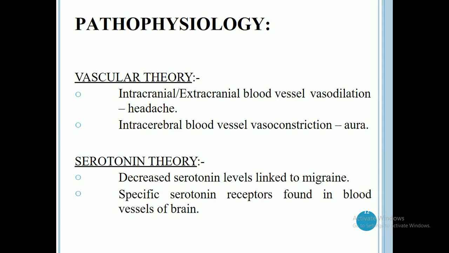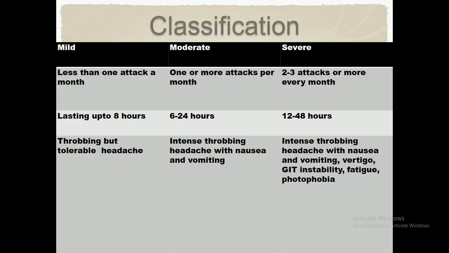The second mechanism: as we know, there are particular and specific serotonin receptors found in the blood vessels of the brain, so vasodilatation can occur. So these are the two theories which explain the basic pathophysiology of migraine, how migraine can occur.